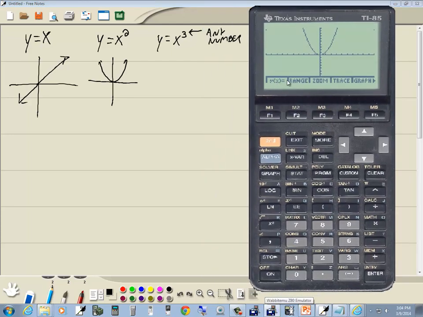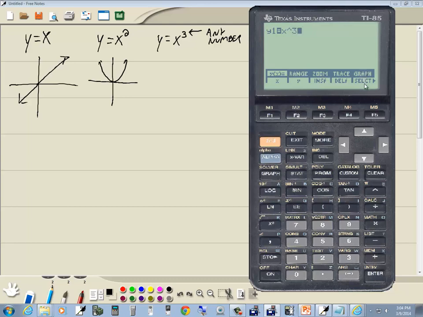Well, if you're already in the graph, then you just press the F1 to get to y of x, or you can press your graph button to get back into the graph. But I'll press F1 here, press clear, and x to the third. So I do x bar, and how you do a power is this caret over here. So do caret 3.